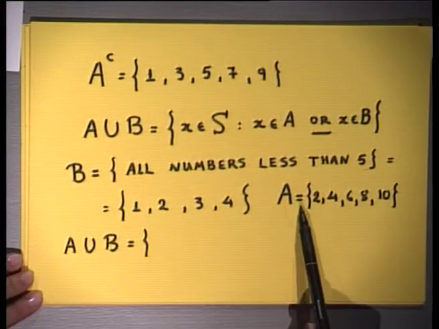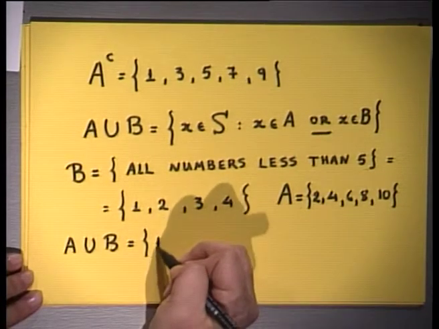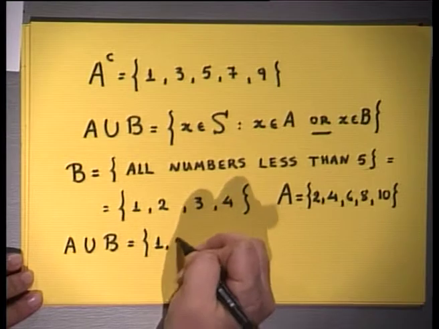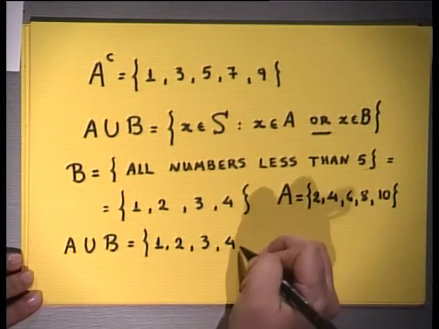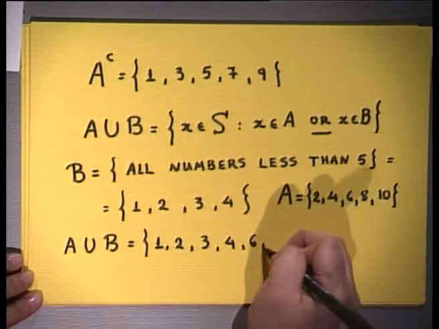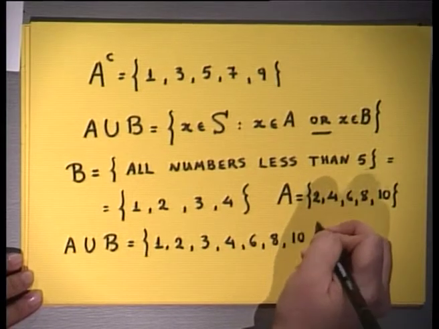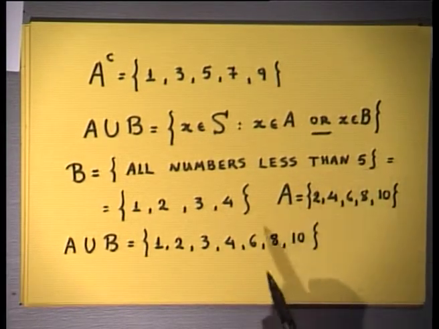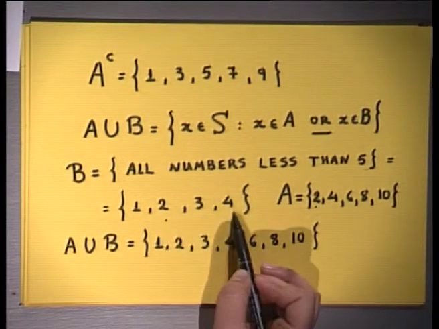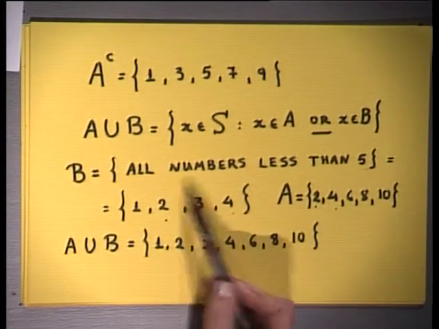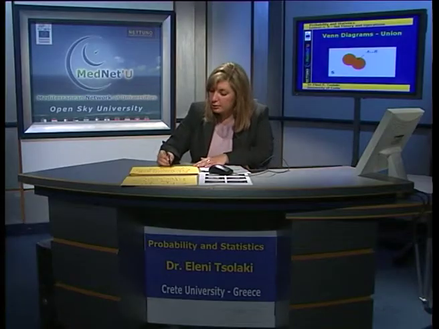The union of A and B now will be 1, 2, 3, 4, 6, 8, and 10. We see here that the elements 2 and 4 that belong in both events are also included in the union.